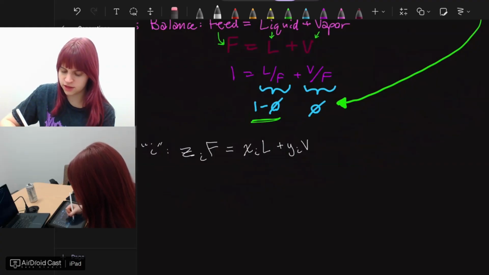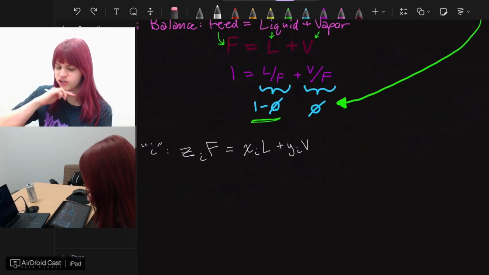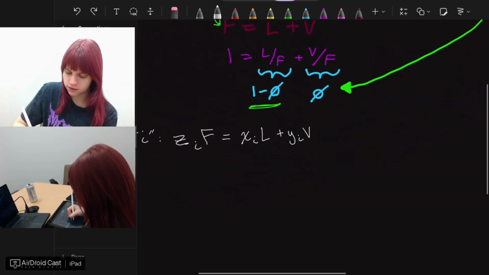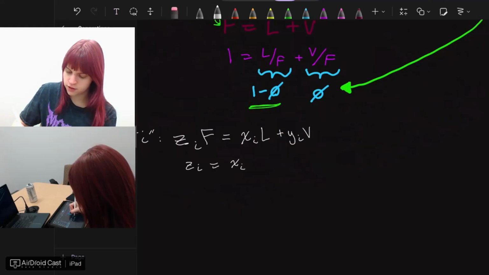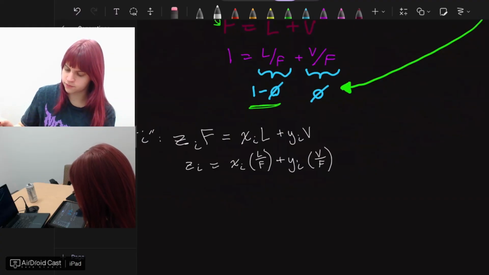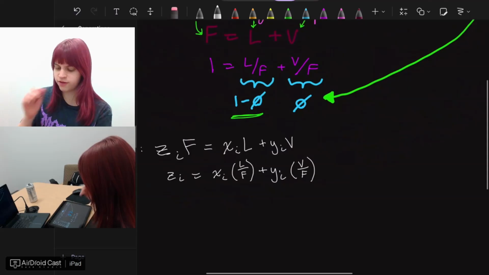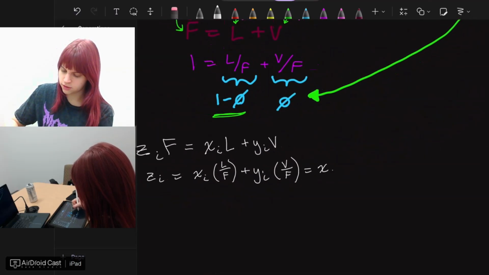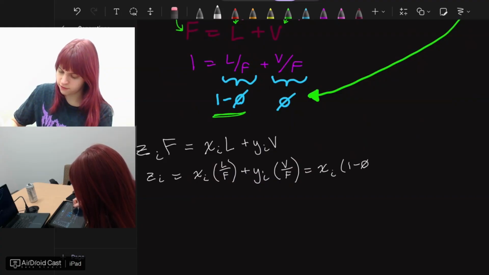And then this Zi is just the overall composition in the feed. And again, if we divide by the feed, we get Zi on its own equal to Xi times L over F plus Yi times V over F. And we defined V over F as phi and L over F as 1 minus phi, so we can also write this in terms of phi.